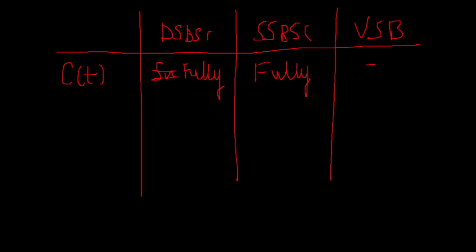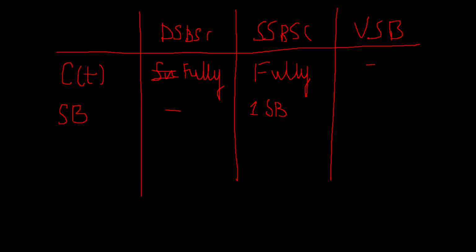Now, in case of DSB-SC, let's look at the sideband suppression. In this case, it's not applicable because both the sidebands are present. In case of SSB, one sideband is suppressed.